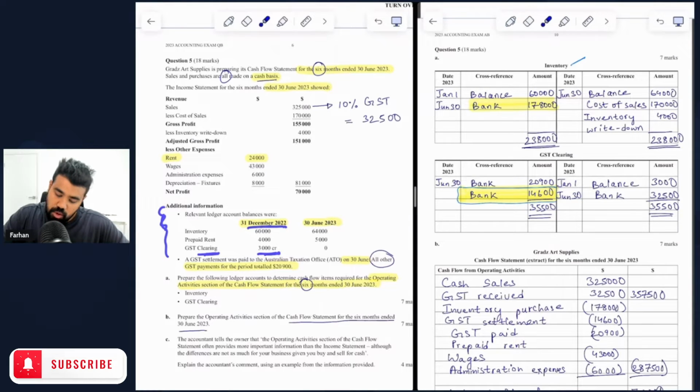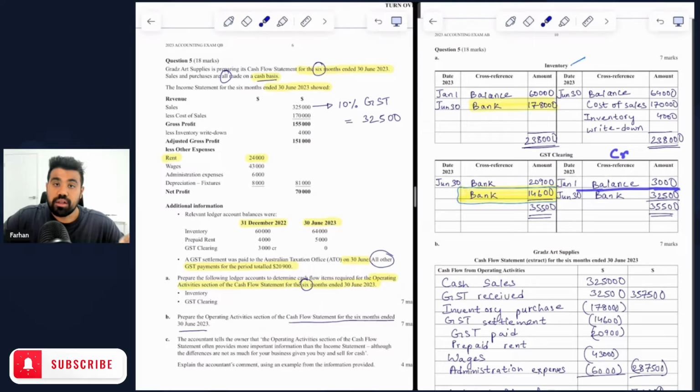So this would become the opening balance on 1 Jan 2023 of $3,000. So the opening balance here is shown on the credit side. This is because it refers to a liability, it refers to the obligation, it refers to the amount that the business owes the ATO on 1 Jan 2023, and that being $3,000.